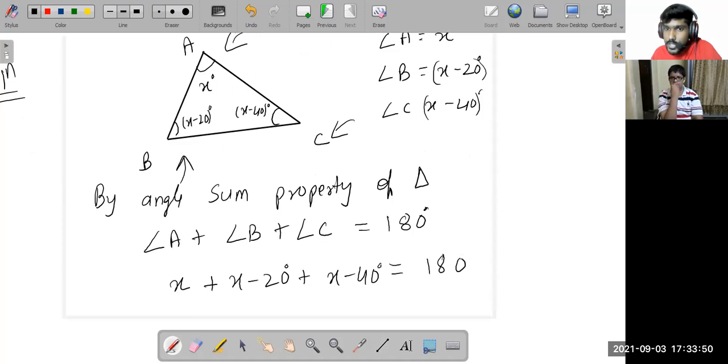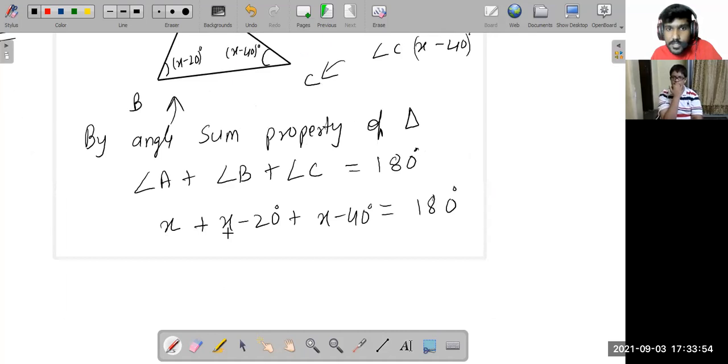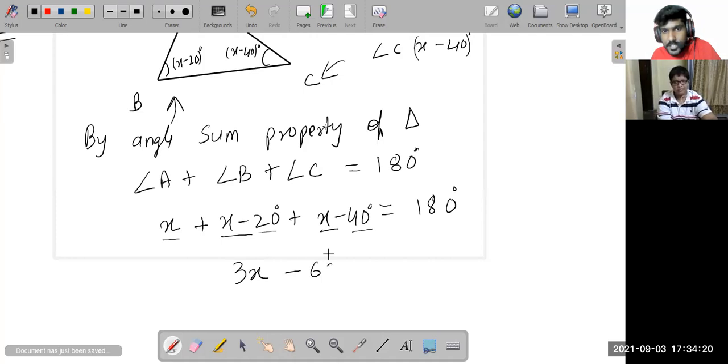Is this clear up to here? Okay. Now, x plus x plus x will become how much? 3x. And minus 20 minus 40 will become minus 60 degrees, equal to 180 degrees.